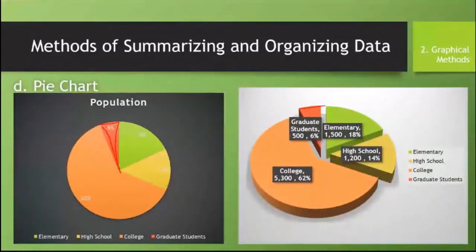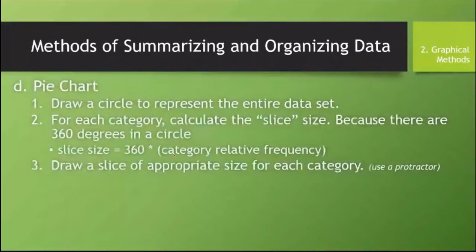If we would be using percentage only, how can we divide our circle? How can we get 6% of the circle, 18% of the circle? So we will make use of the slice size and convert it into degrees. You will be using your protractors.